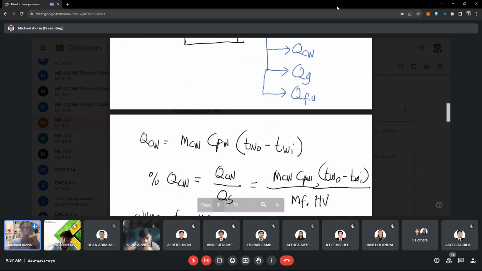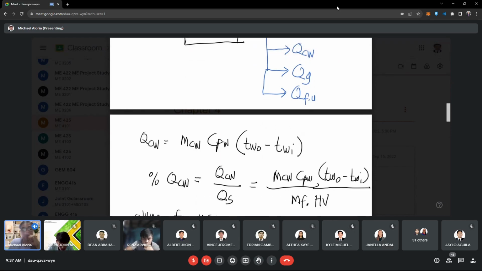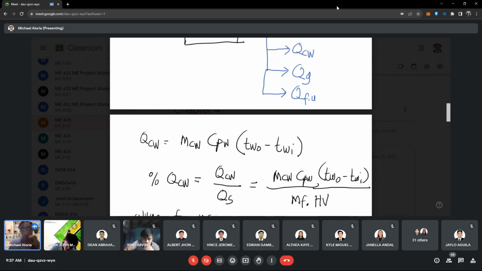Okay, so how can we compute the heat carried by the cooling water? Heat carried by the cooling water can be computed using the equation m Cp delta T. So mass ng cooling water, Cp ng cooling water natin, and then yung change in temperature, ito yung inlet at outlet.